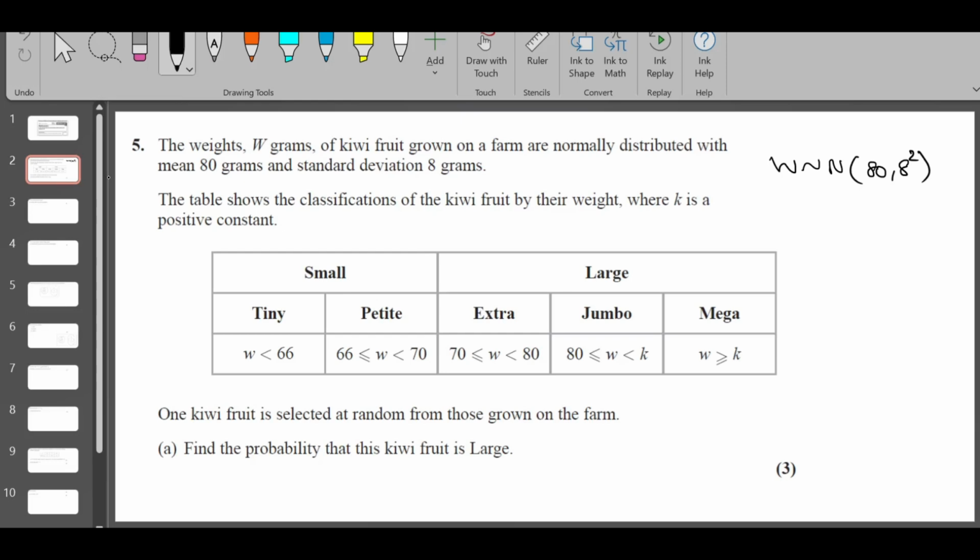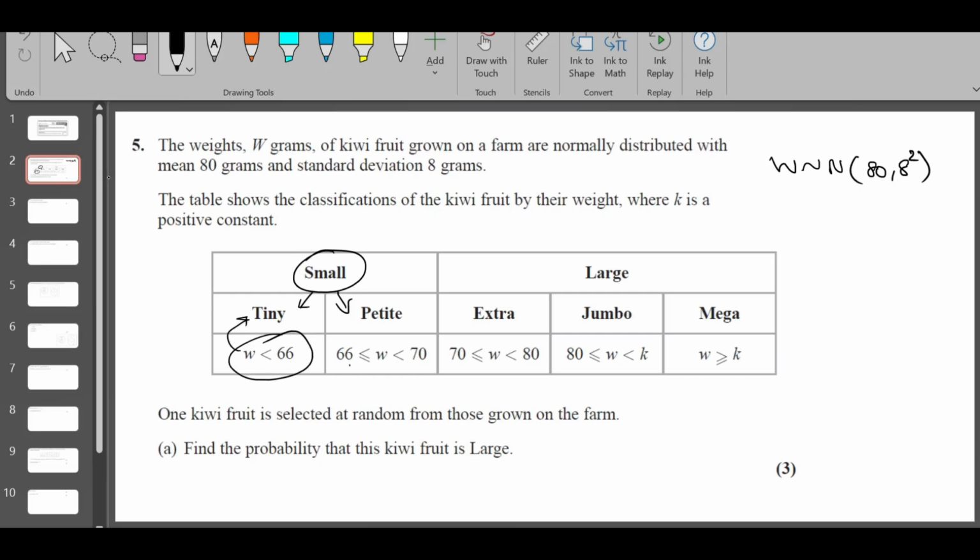Now the table shows the classifications of the kiwi fruit by their weight, where K is a positive constant. In small there are two categories. One is tiny, another one is petite. So if the weight of the fruit is less than 66 grams, that's considered a tiny fruit.